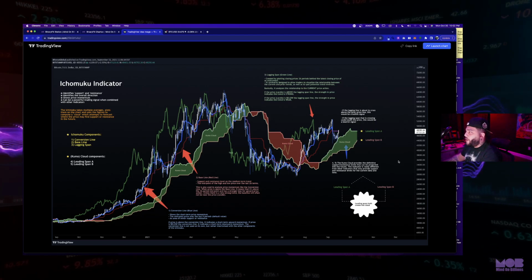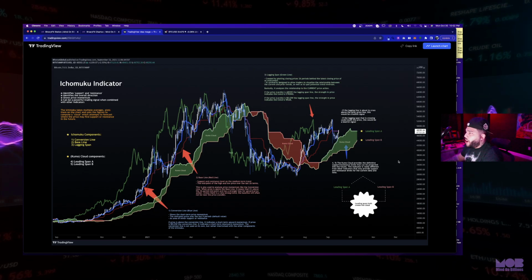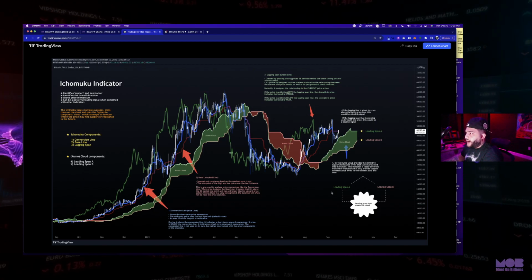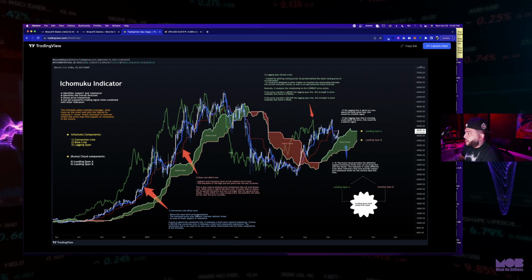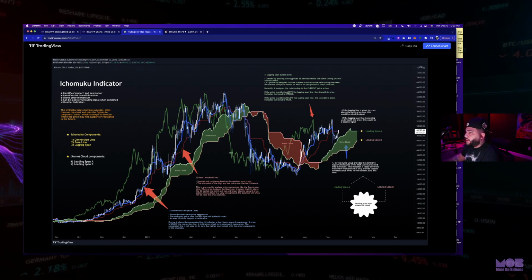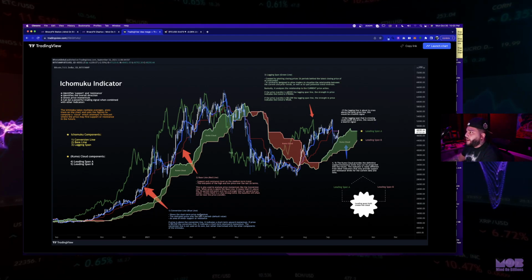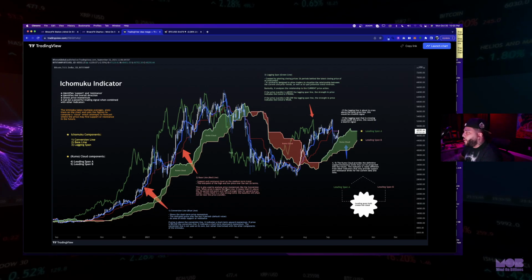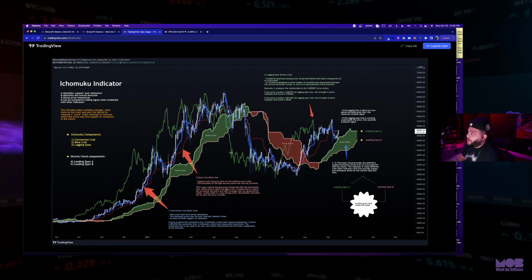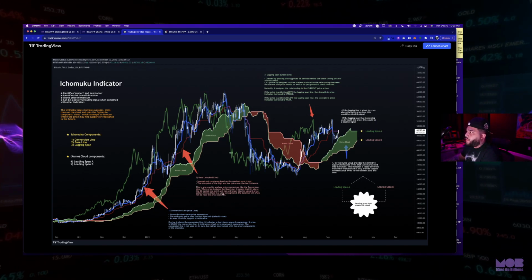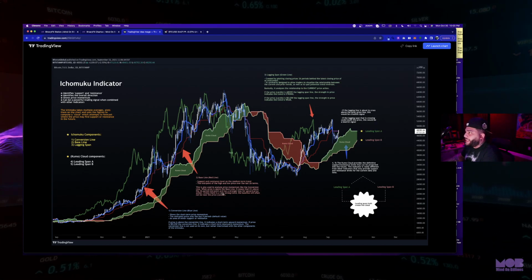Now that we know what these are, let me just break it down. Conversion line, that's the fast moving average. That's the blue line. The baseline is the 26 period moving average. Long story short, these lines are acting as support resistance at the current time frame.